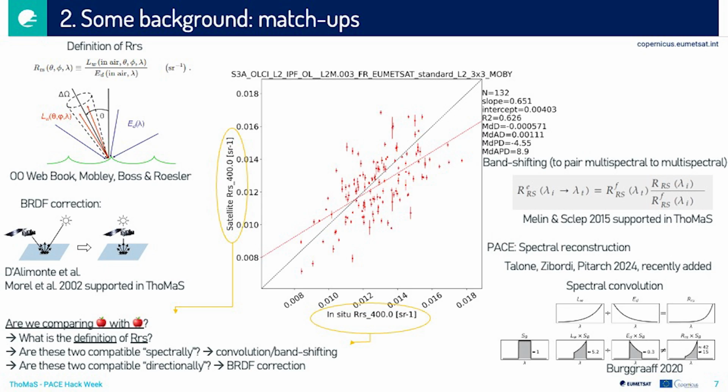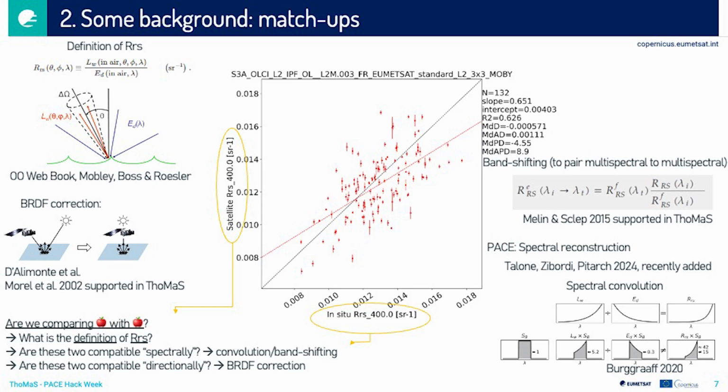We use the Rrs definition as in the Ocean Optics Web Book. In general, you need to take care about what you are actually reporting in your in-situ submission, Rrs, or maybe there is some difference in the definition there. But okay, we use this definition.